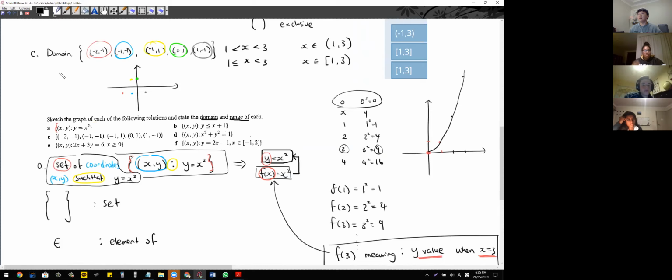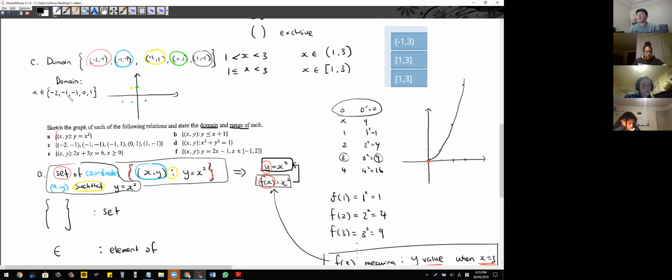So let's talk about the domain. The domain in this case is going to be x is an element of, just watch this, -2, so that's the x value here, -1, there's another -1 there, so just put all the x values there, okay? 0 and 1.